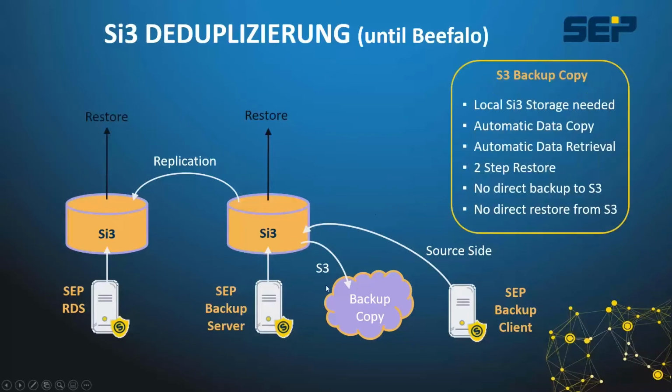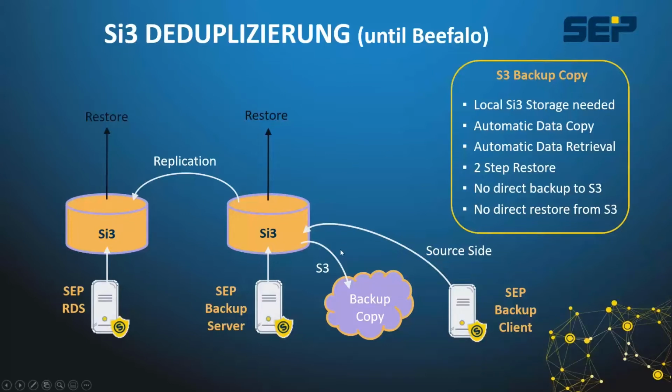Yeah, this kind of backup copy via the S3 interface has some restrictions, I would say. First of all, it needed a local storage. You needed a local SI3 deduplication store configured within SEP sesam. And then if you configure the S3 bucket, it provides automatic data copy to the cloud or to the S3 bucket target.